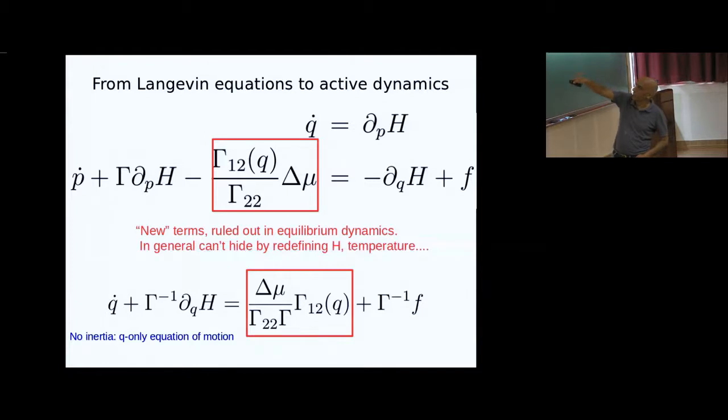So the end result of this analysis, and Q could be any number of components, P could be any number of components, is you get a dynamics in which you get a new position dependence. Now, obviously, if you take this pair of equations, you can say, well, if that's just some function of Q, why can't I redefine the energy function? Right? I've got P dot plus blah, blah, plus this.